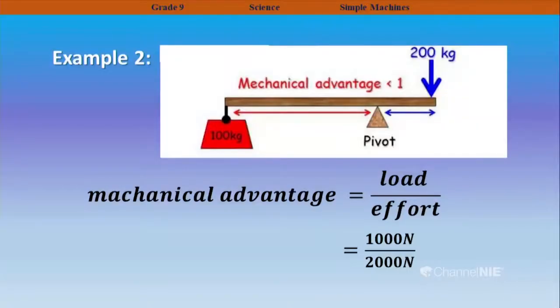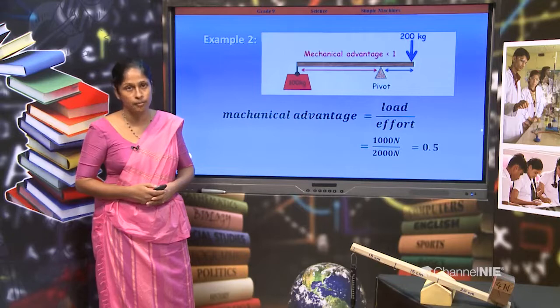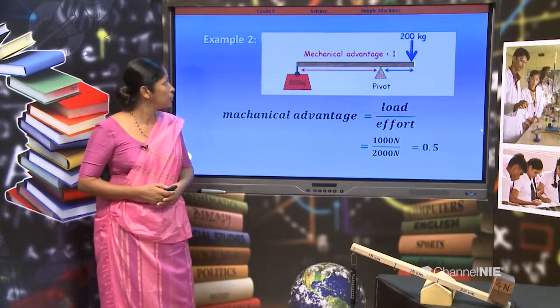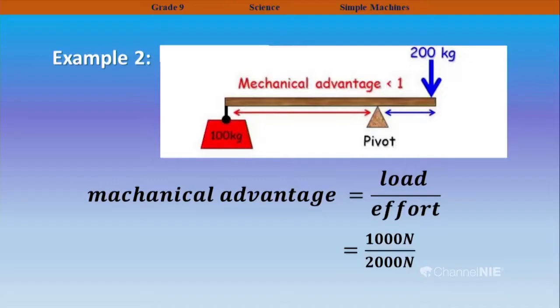Load is 1000 Newton, effort is 2000 Newton. Answer 0.5. Mechanical advantage is less than 1. Now, this is another different result. Now, let us do an activity related to this.